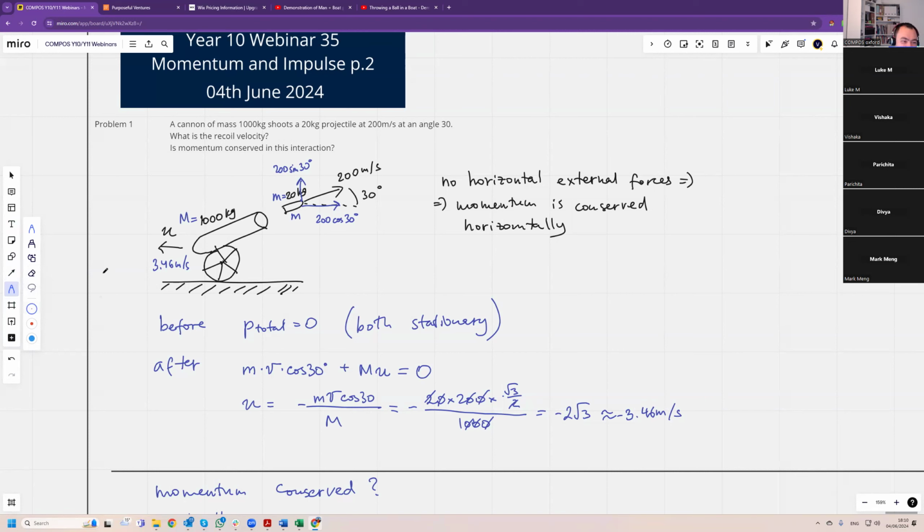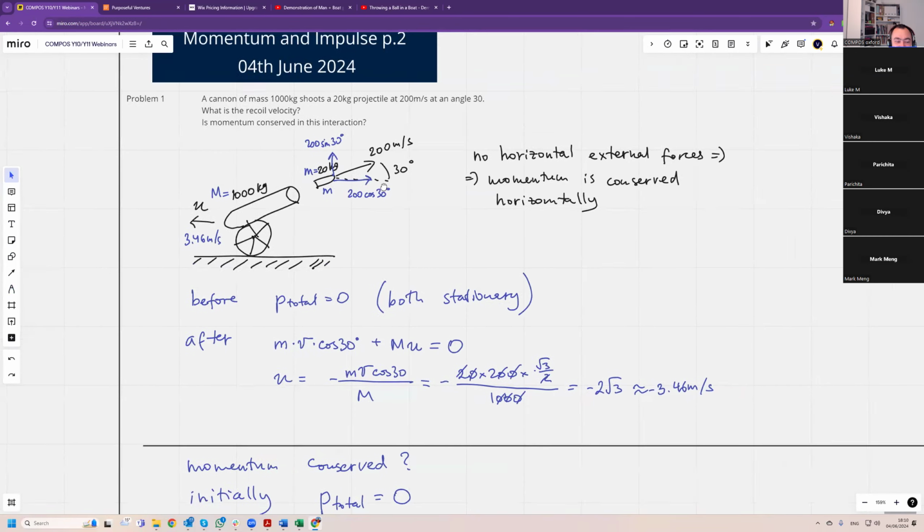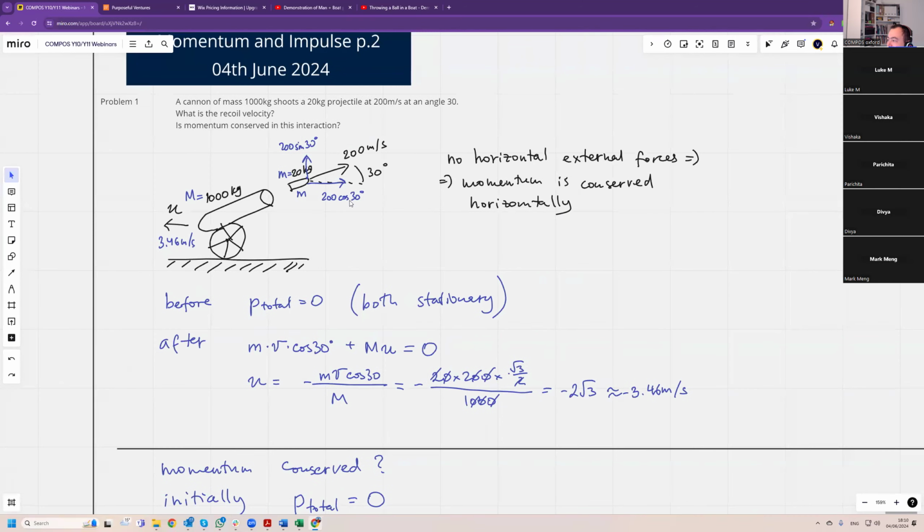Ooh, Luke, yeah, it would. Well, it depends on how you look at it. No horizontal external forces. That's why momentum is conserved horizontally.